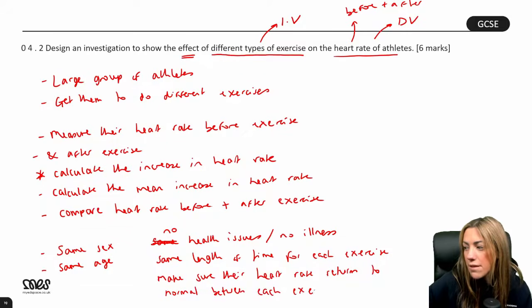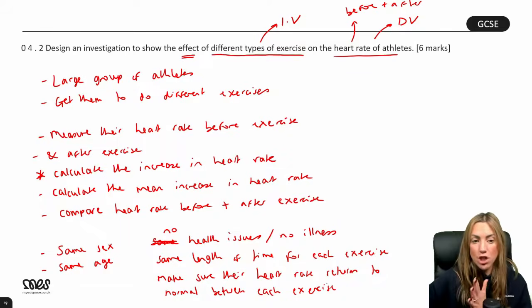So say, for example, if you're getting them to jog and then you're getting them to sprint, you'd have to get them to jog, record their heart rate before and after, wait for it to get back down to normal before you then get those athletes to sprint. Because obviously, if their heart rate hasn't gone back down to normal, it's going to already be elevated and that's going to affect the results.